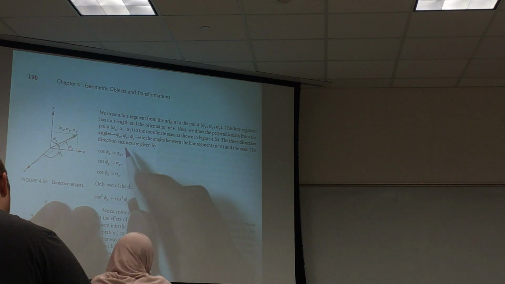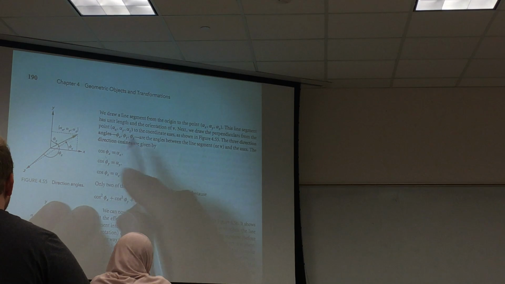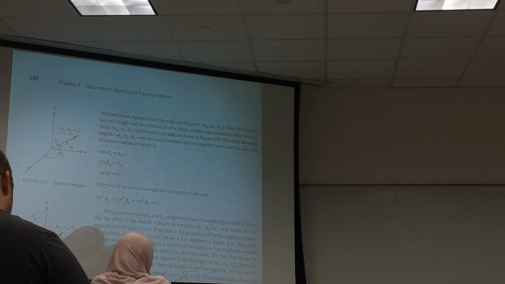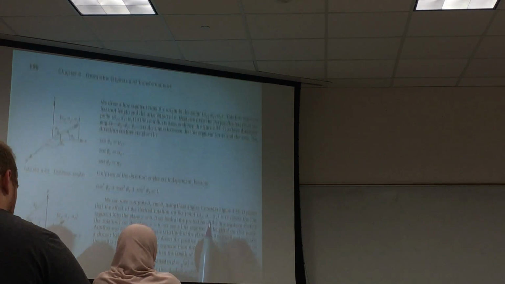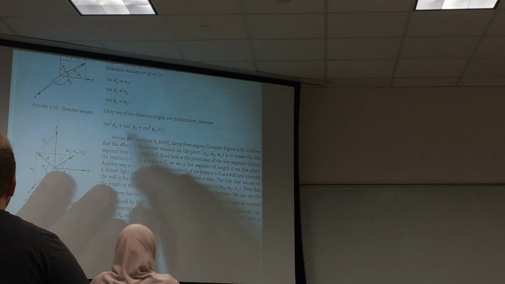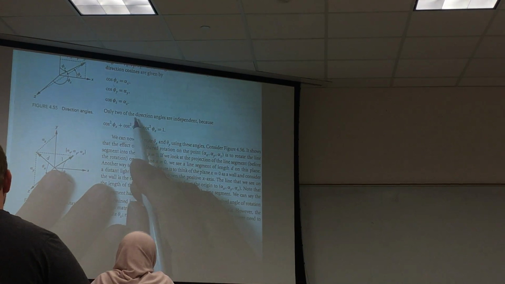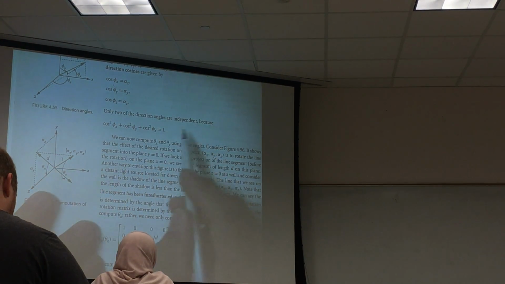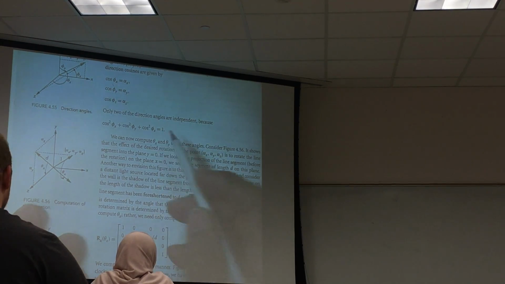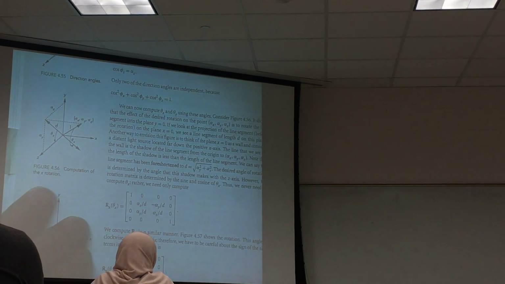Aha. But we know alpha x, alpha y, alpha z, so we know the angles, right? That's helpful because we need to know about the three angles, and two of them are independent and one is dependent. So how do we find it? This is a key figure.